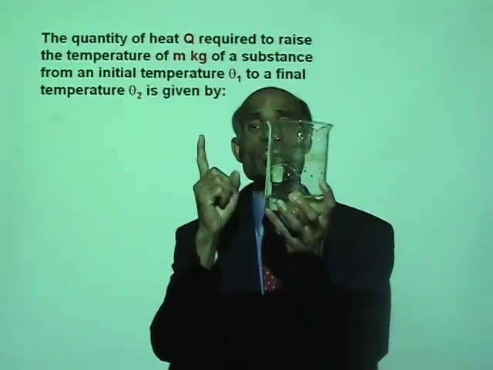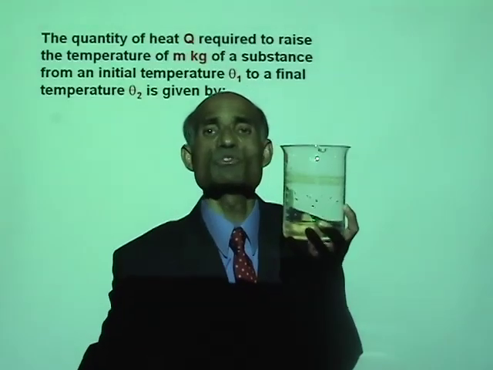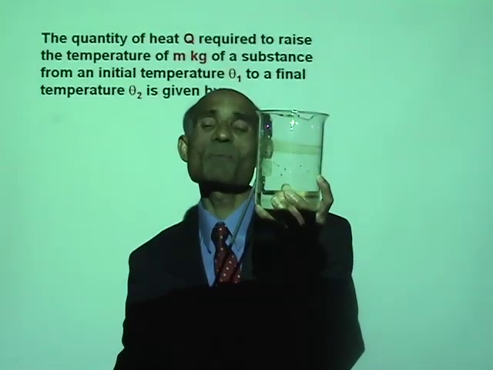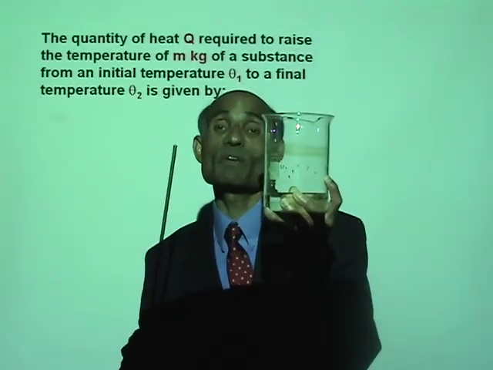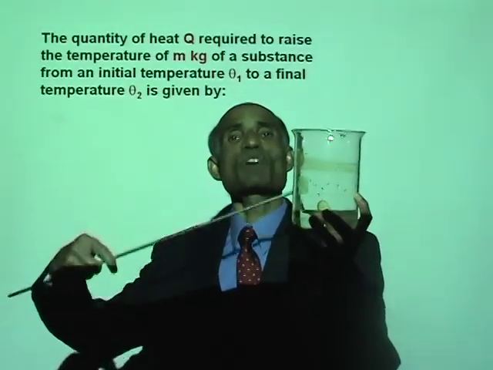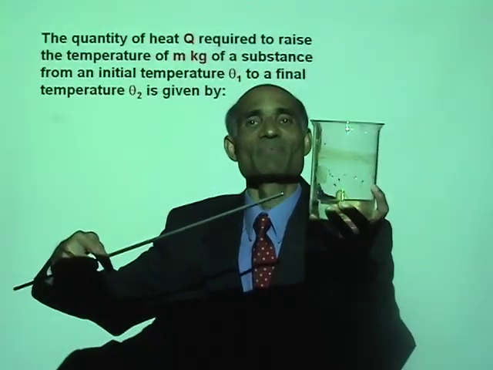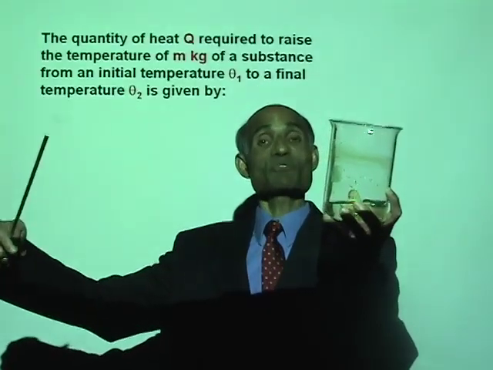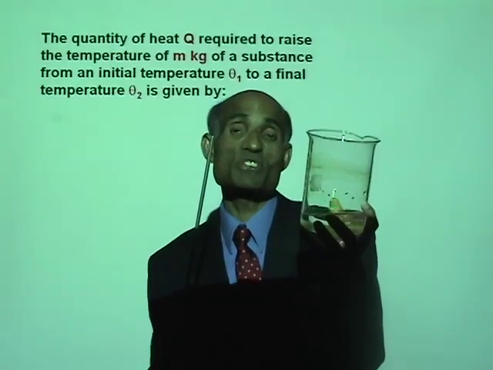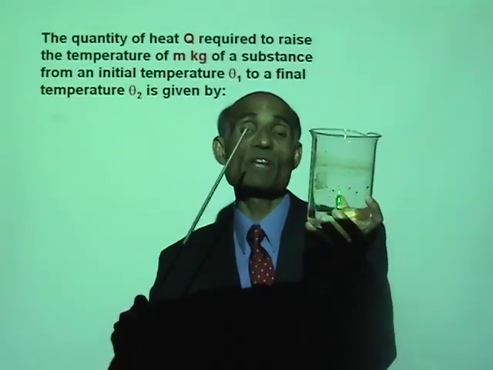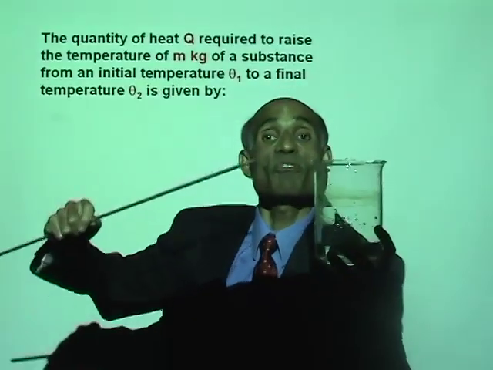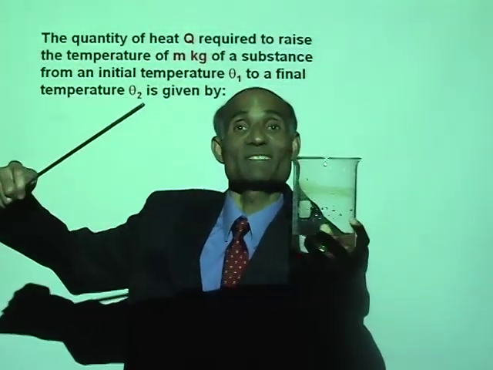If I need 4,200 joules of energy to increase the temperature of 1 kilogram of water by 1 Kelvin, how much heat do I need to increase the temperature of 2 kilograms? It will be 2 times 4,200, right? Alright, instead of increasing the temperature through 1 Kelvin, if I increase it by 5 Kelvin, I need then 5 times that amount of heat.